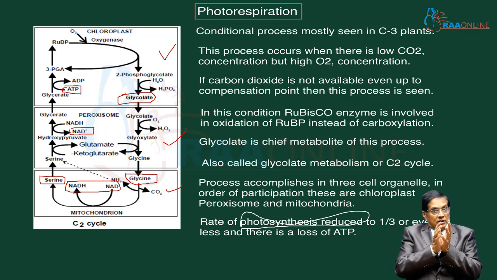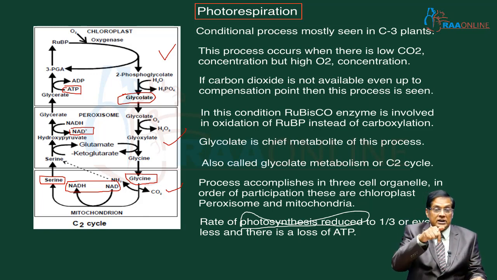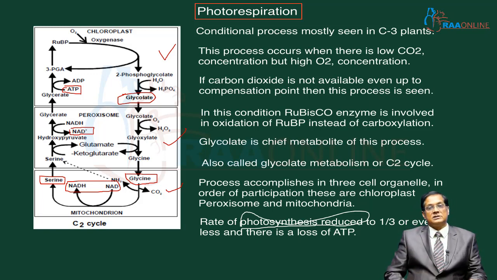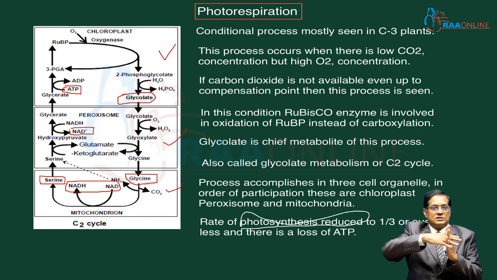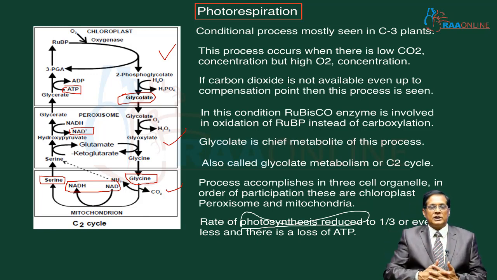If carbon dioxide is there around the leaf during daytime, then definitely photorespiration is taking place. Why? Because carbon dioxide is generally used during daytime in photosynthetic activities. But here the photosynthesis process is almost stopped and photorespiration is going on, which produces carbon dioxide in mitochondria. That's all for photorespiration.